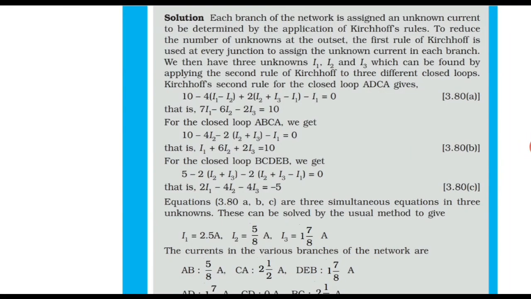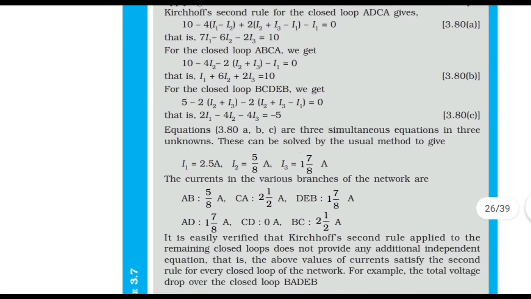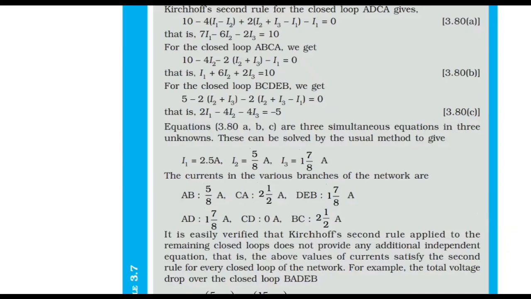You may be thinking, how many equations do you have to frame? It depends on the number of unknowns. So in this question, how many unknowns are there? 3: I1, I2 and I3. So at least 3 equations you have to frame. So 3 loops we have taken and 3 equations we have framed, and it is up to you to solve the 3 simultaneous equations and find the values of I1, I2 and I3.